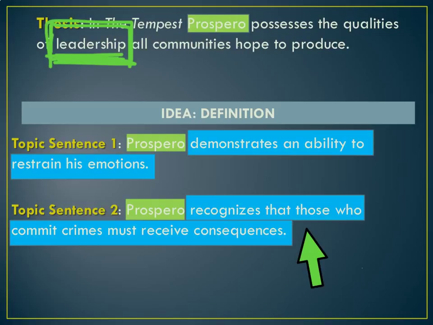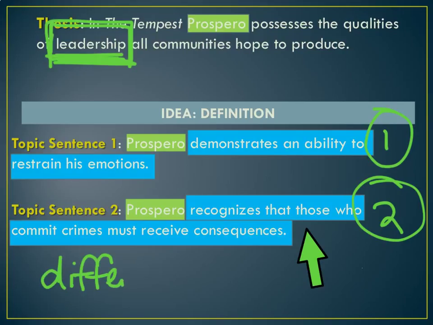The first definition of leadership is an ability to restrain emotion. And then the second definition of leadership is recognizing that those who commit crimes must receive consequences. So they have really 2, and again, very different, very distinct definitions in each of these topic sentences.